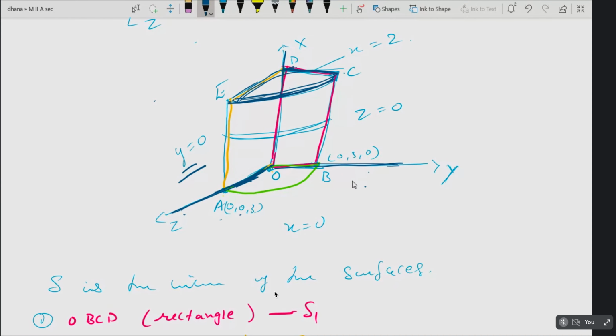If you take the projection on the YZ plane, what are you going to get? This is the Y axis, this is the X axis, Z axis. Projection of this one on the YZ plane, you are going to get a circle. Of course, a quadrant of a circle you will get.